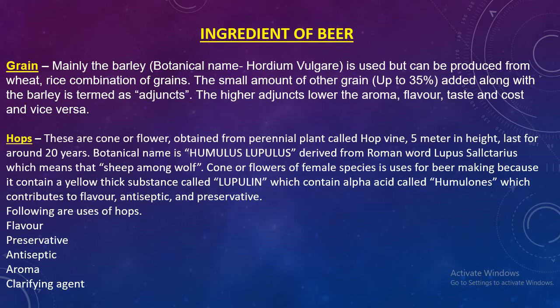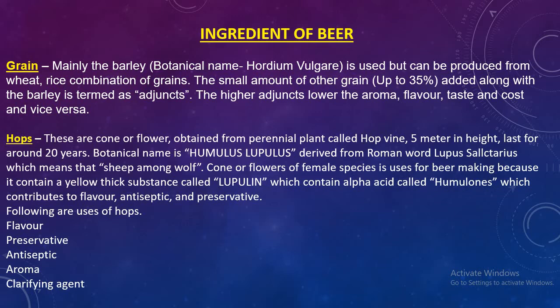The botanical name of hops is Humulus lupulus, derived from a Roman word which means wolf among sheep. Cones or flowers of the female species are used for beer making because of a yellow thick substance called lupulin.